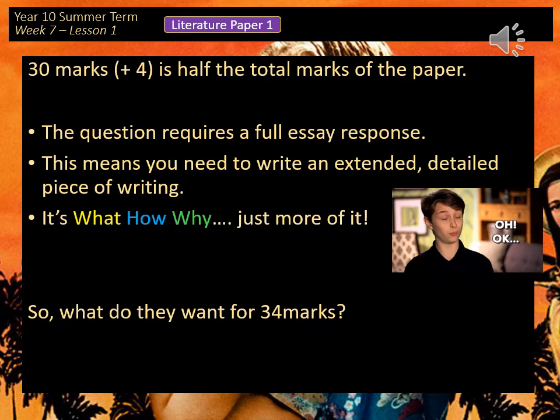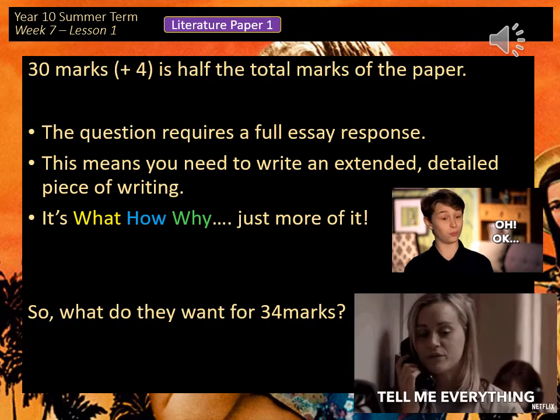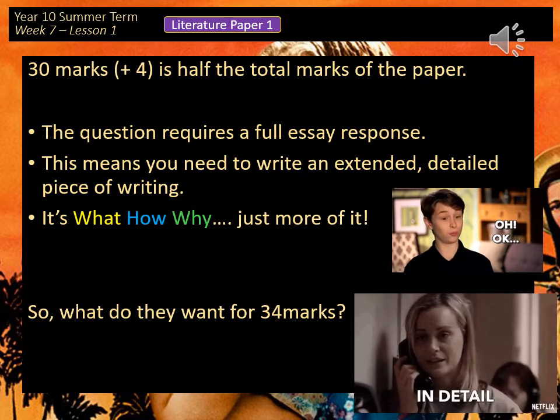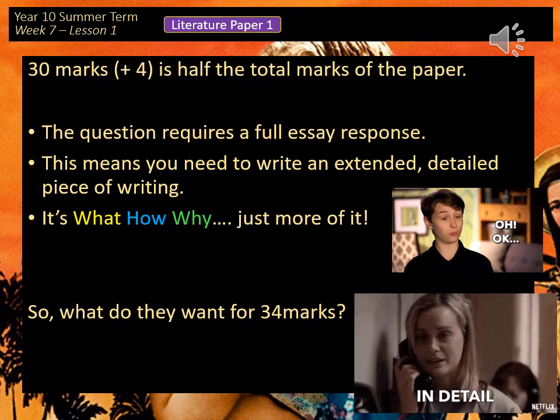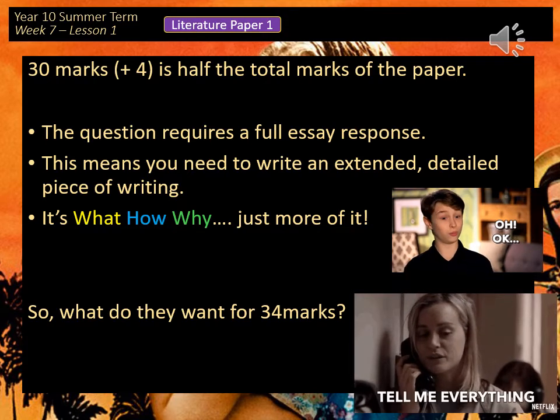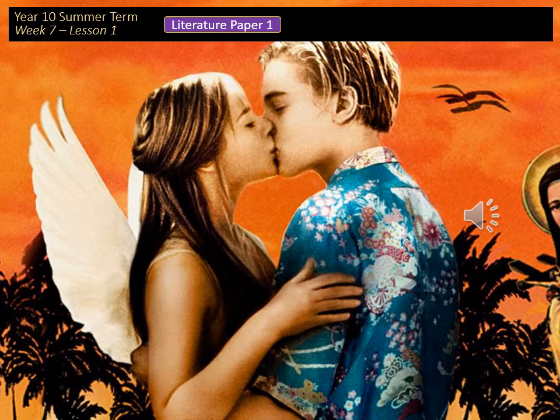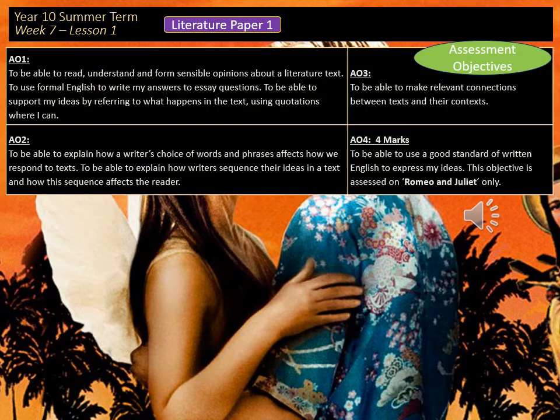So what is it they want for 34 marks? Let's have a look. So when the examiner is reading through your response, they are looking at the following assessment objectives.